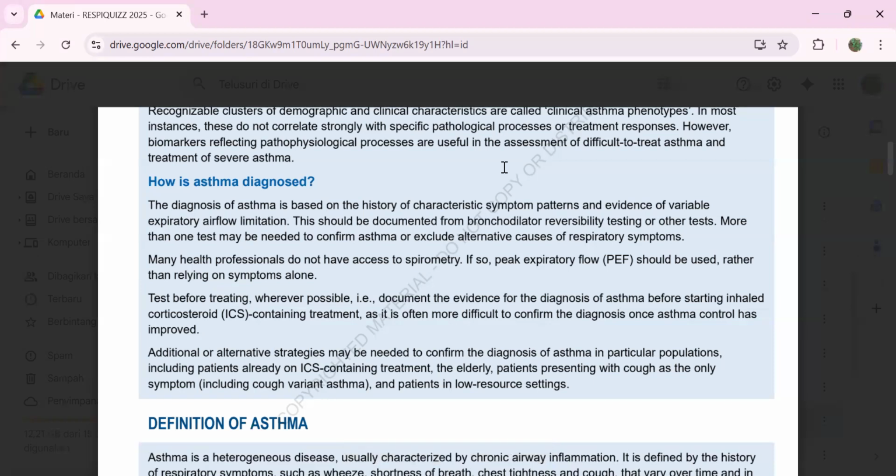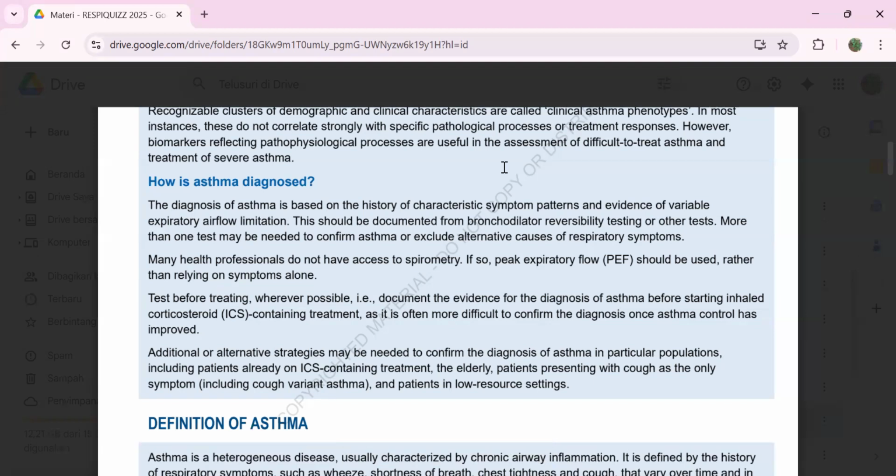How is asthma diagnosed? The diagnosis of asthma is based on the history of characteristic symptom patterns and evidence of variable expiratory airflow limitation. They should be documented from bronchodilator reversibility testing or other tests. More than one test may be needed to confirm asthma or exclude alternative causes of respiratory symptoms.